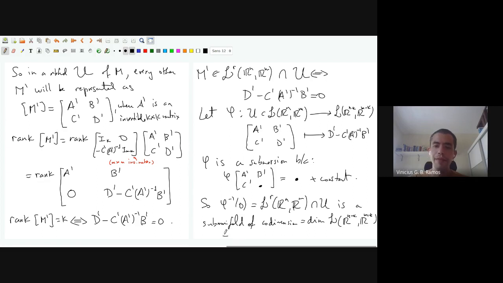And the dimension of the space is just the product, so this is n minus k times m minus k. So this is, in the notation that we had before, n minus q plus r, and m minus q plus r.